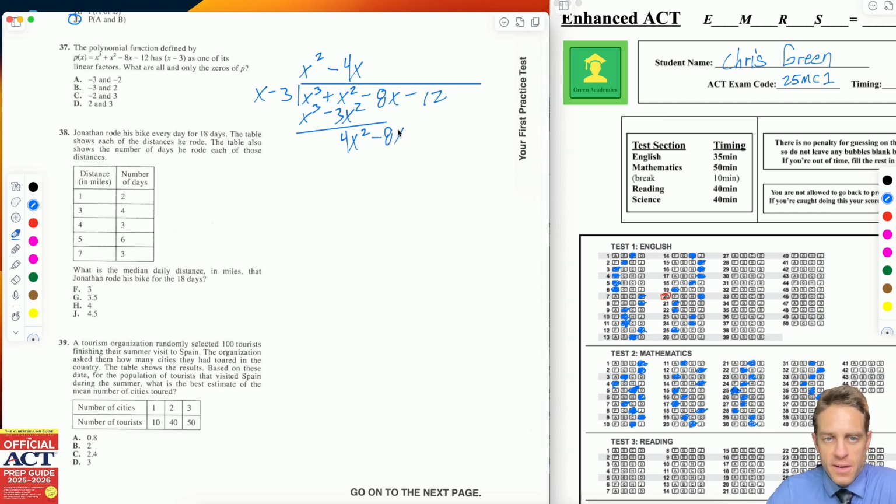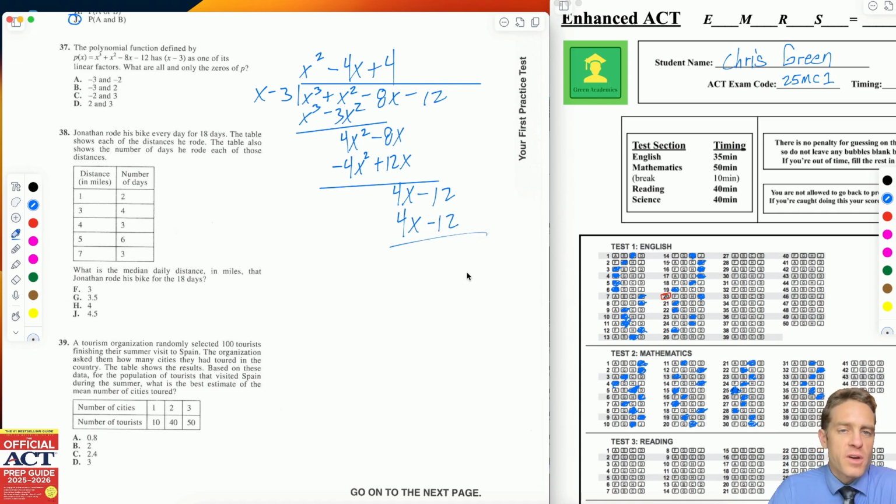Should have recopied this, which gives you negative 4x squared plus 12x. And then add is 4x, bring down the negative 12. Now divide up. Plus 4 gives you 4x minus 12, so it comes out with no remainder.